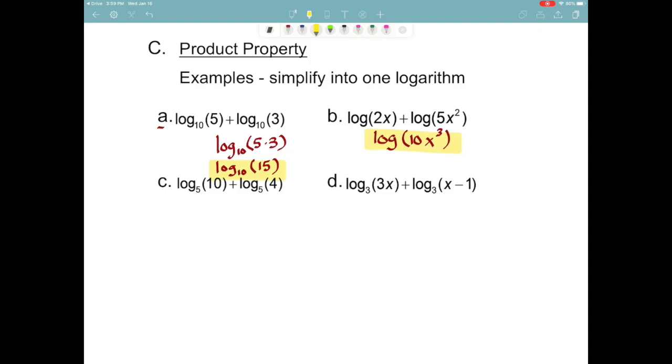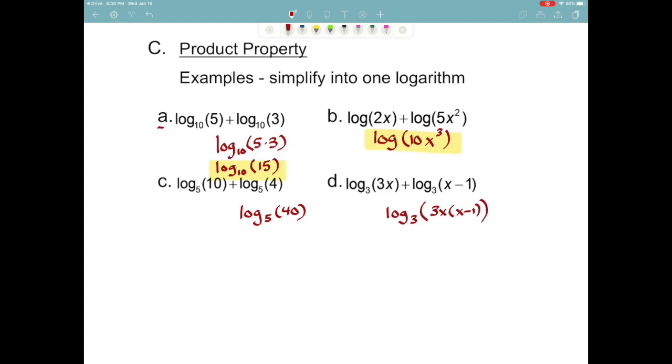Let's look at C. Log base 5 of 10 plus log base 5 of 4, that's an easy one. 10 times 4 is going to give us 40, so we have log base 5 of 40. And the last one here, log base 3 of 3x plus log base 3 of x minus 1 should give us log base 3 of 3x times the quantity of x minus 1.